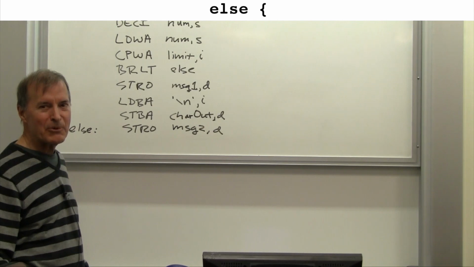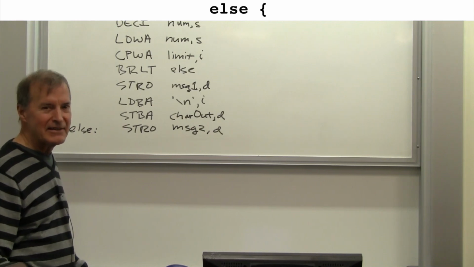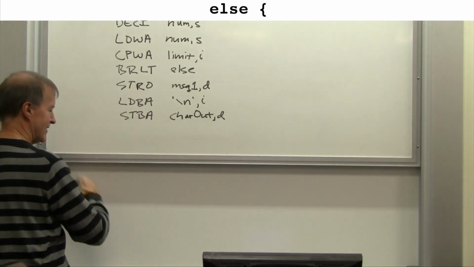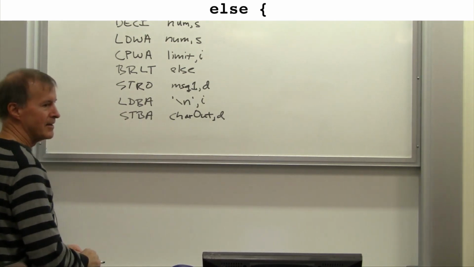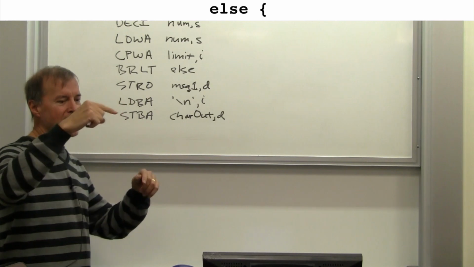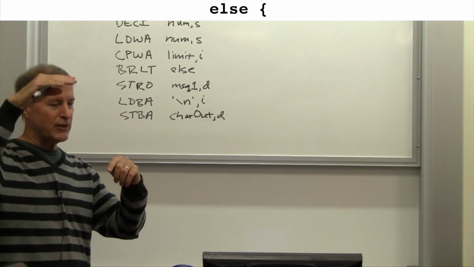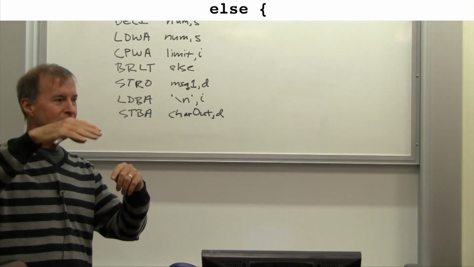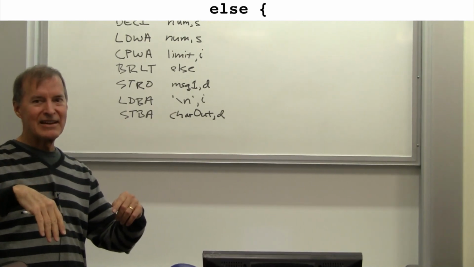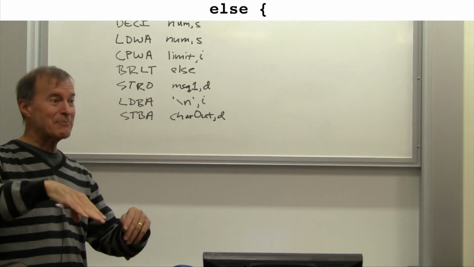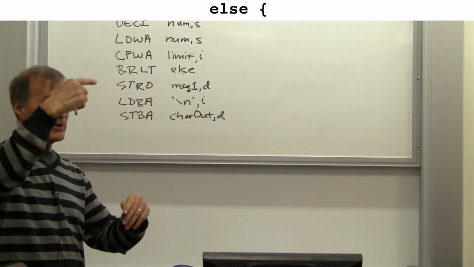Yes, this is an important point. This is incorrect. Because if you do all that, how does this statement work in a high-level language? If it's true, you do that, and you skip the else. In assembly language, you have to actually skip the else. Otherwise, it will just keep going one right after the other.